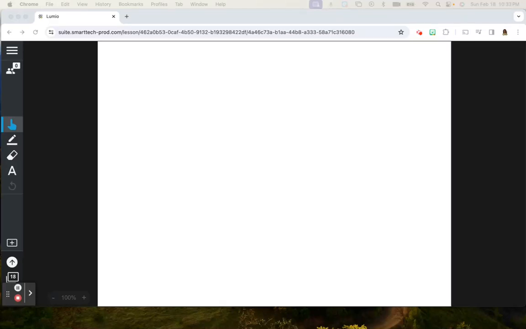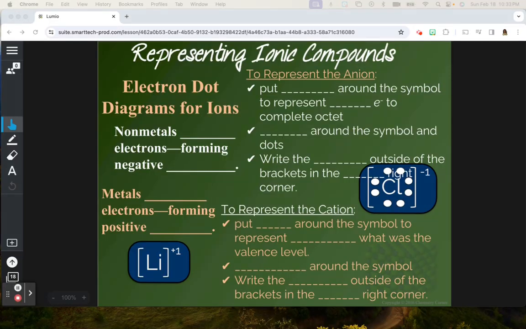Next up is understanding how the dot diagram really works. So let's start over here. Nonmetals gain electrons forming a negative anion, while metals lose electrons forming a positive cation.